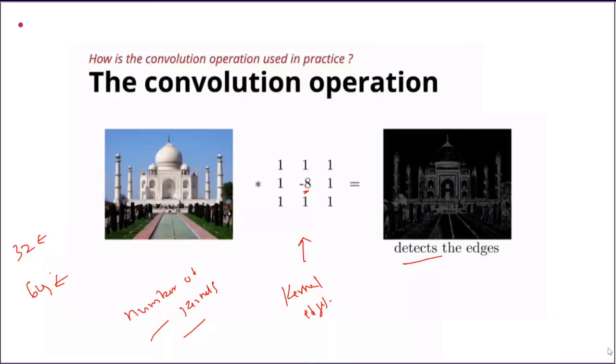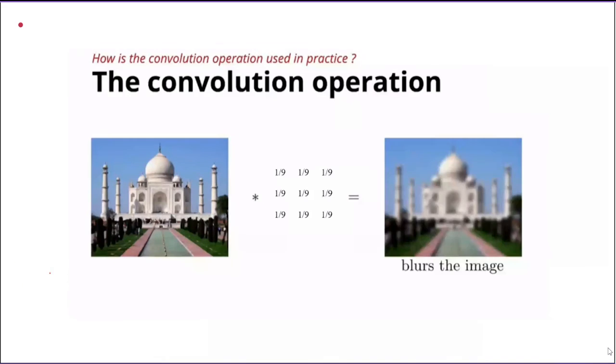This is another type of filter, which is used to blur the image. So we can apply different kernels and extract different features from the image. This kernel or filter is a learning parameter. Learning parameter in the sense, this is what we call weights.